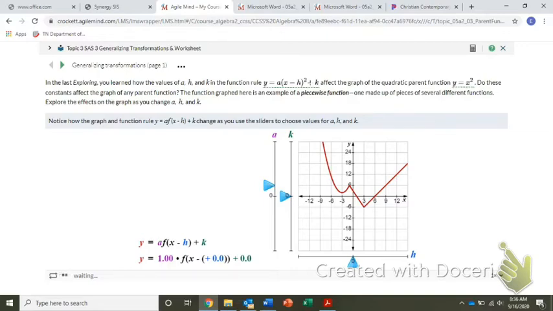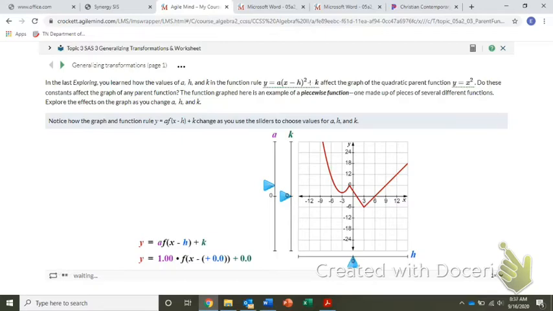They transformed the graph. The function graphed here is an example of a piecewise function. We haven't talked about piecewise functions, but hopefully you've heard of that in your previous math classes. A piecewise function is one made up of pieces of several different functions. So, on your computer right now, I want you to explore and use these arrows to see what happens.